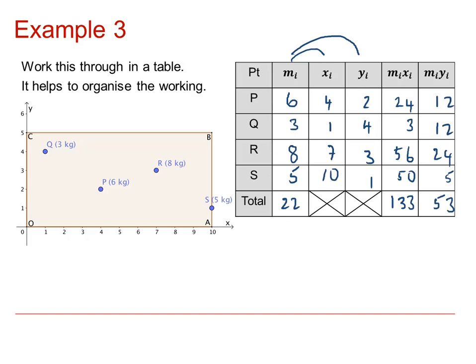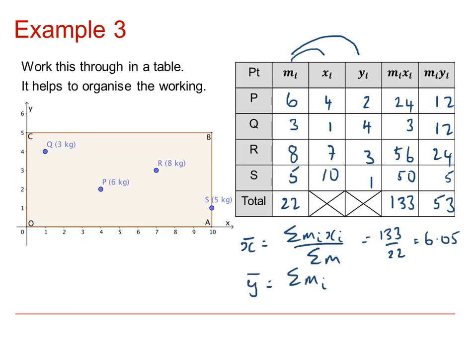Therefore x bar, which is sigma mixi divided by sigma m, is 133 over 22, which is 6.05 to 2 decimal places, and y bar, sigma mi yi this time, the moments in the y direction, divided by the total mass, sigma mi, will be equal to 53 divided by 22, so 2.41.